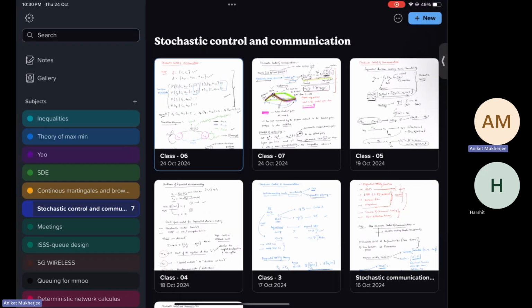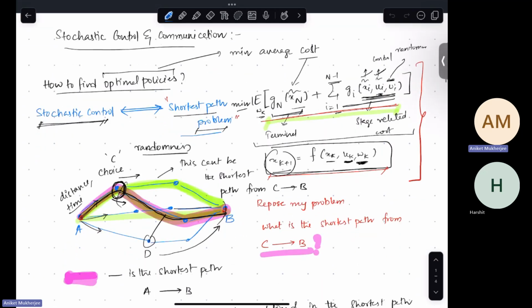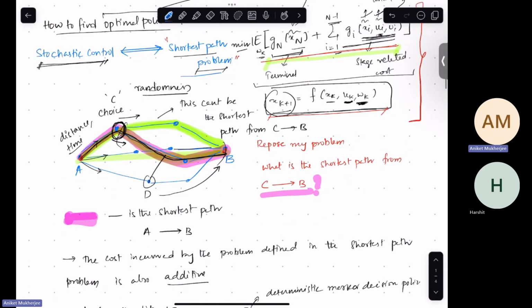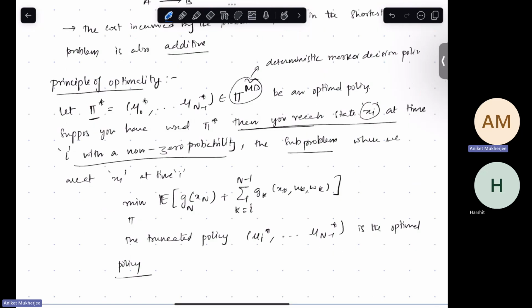Writing down all the policies, you can't do it the hard way. So for that, we see some resemblance between the stochastic and shortest path problem, and using the principle of optimality, you see that if you know the optimal path, then the truncated optimal subpath should be the same.